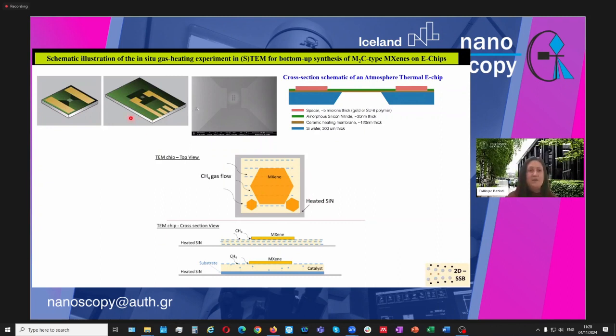So this is how the chips look. Here you can see that in one of the chips we have holes. These are the electron transparent areas where we will deposit our initial sample, and then the two chips, of course, create a closed cavity for the gases to be introduced.